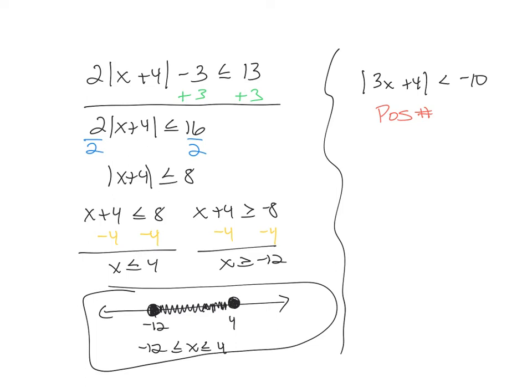I can plug in whatever I want for x. I do times 3, then I do plus 4. And if it's a negative, it's talking about distance. Distance is always positive. So I have a positive number less than negative 10. Well, that's not possible. So no solution.